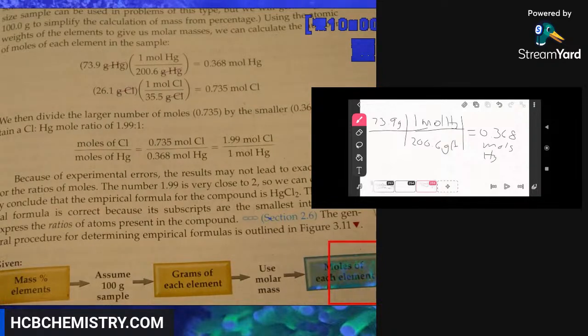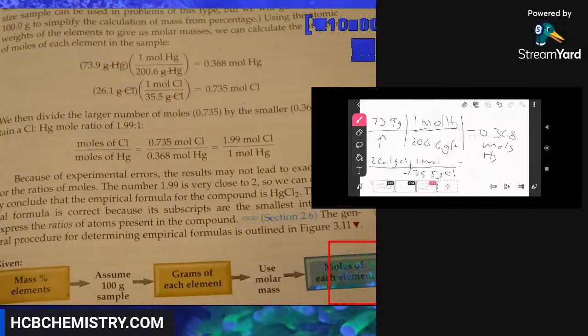And then since these are percentages, that's the percent turned into grams. The remaining percent is 26.1 grams of Cl. And you basically do the same thing, 35.5 grams. So if you look at the periodic table, go look where chlorine's at. That's how you got this number right there, and that's going to equal 1 mole.